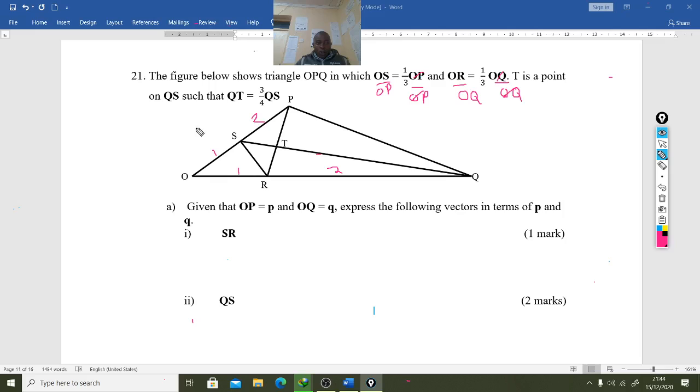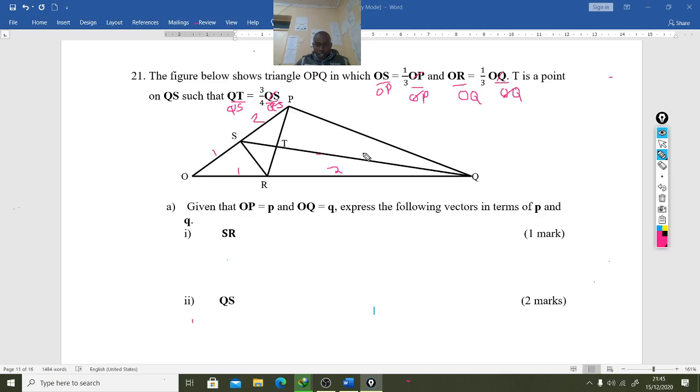Then T is a point on QS. On QS we have decided that QT is 3/4 QS. So if I divide by QS, QS and QS cancel, meaning QS is 4 and QT is 3.